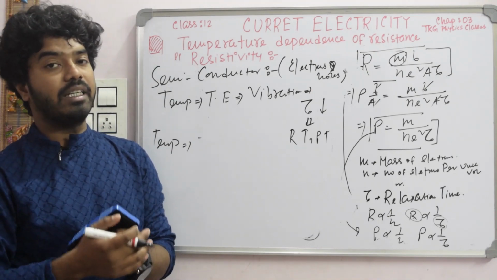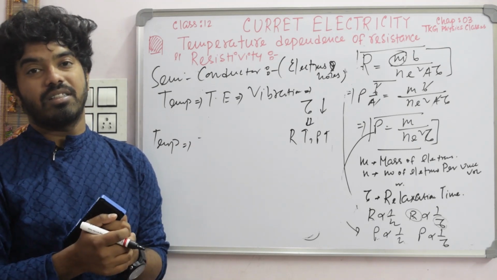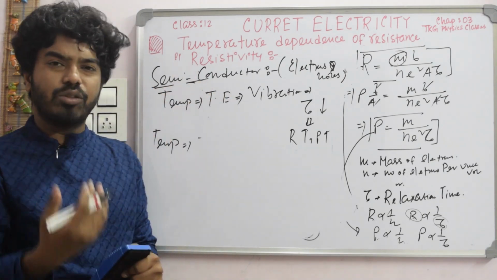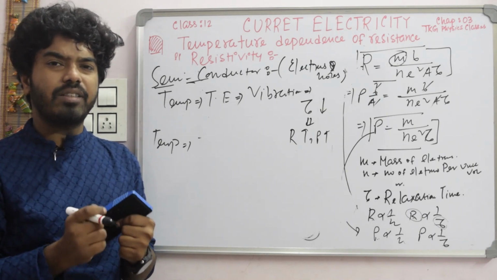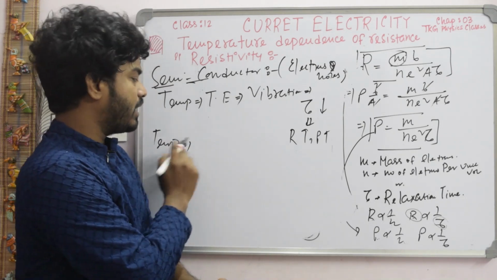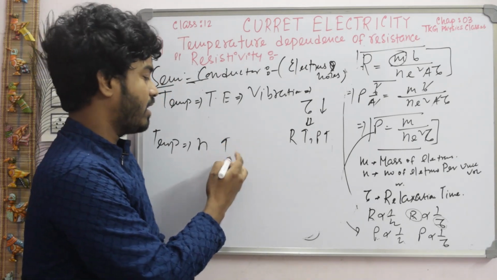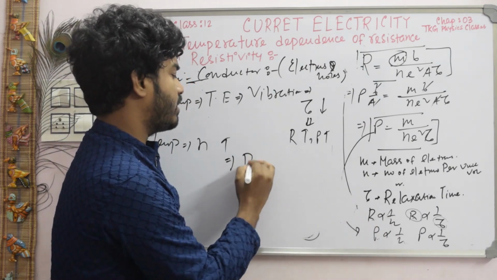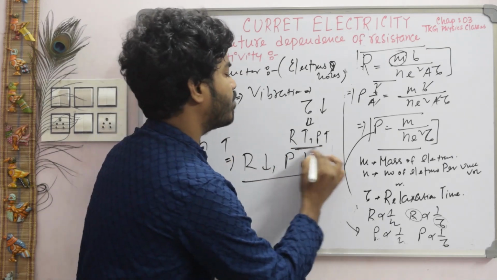So when temperature increases, the number of charge carriers increases. In a semiconductor, in general at room temperature, the number of charge carriers is very small. So write it down first. When temperature increases, the number of charge carriers increases, n increases, and this implies when n increases, R and rho decrease.